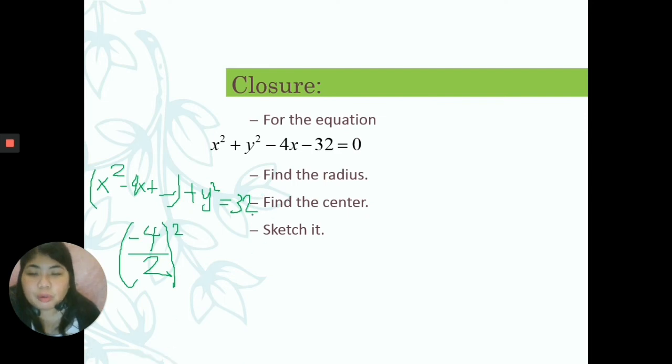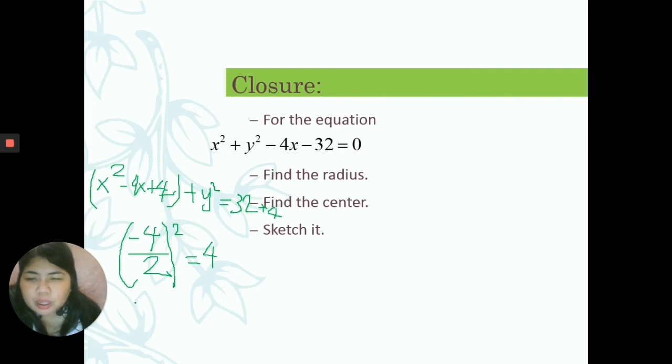Negative 4 over 2, squared. So that would be negative 2 squared, which is positive 4. So, positive 4 there. On the 32 side, just add 4. 32 plus 4. Then simplify the equation.